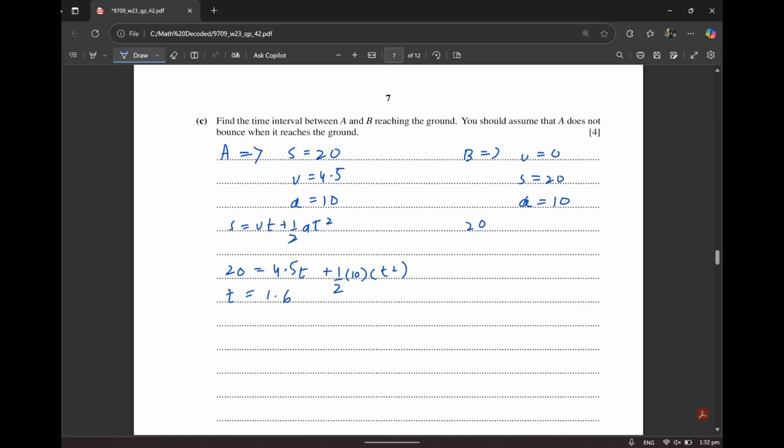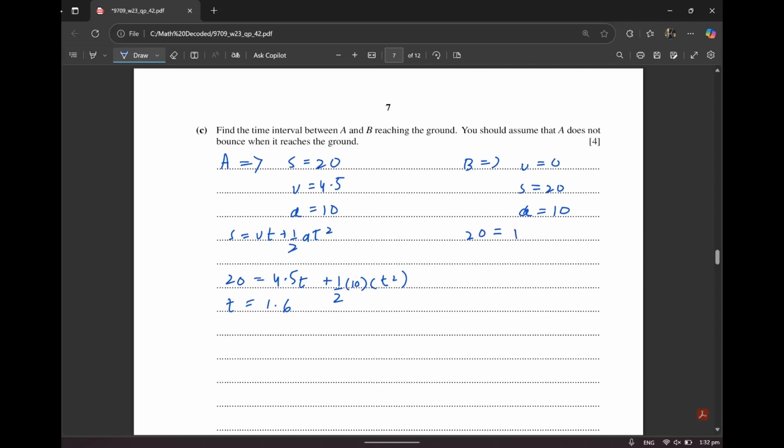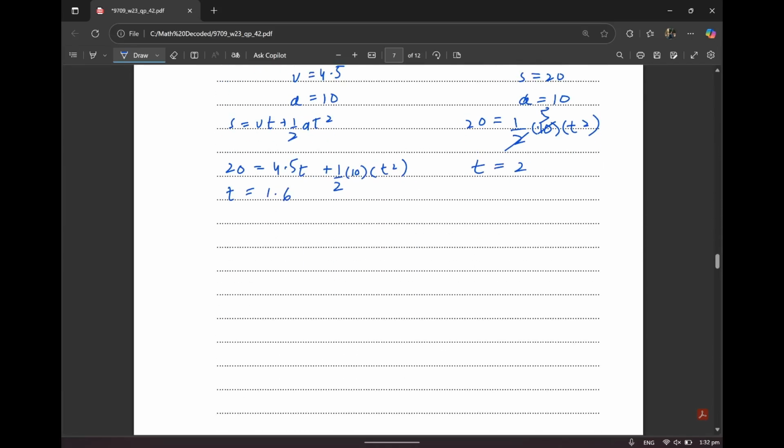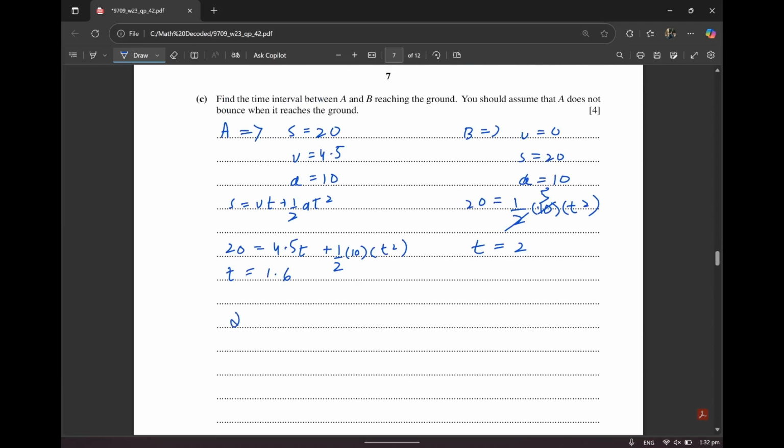So S equals ut becomes 0 because u is 0, plus half a t squared. This cancels out, it becomes t is equal to 2. Now you'll just subtract these two values, 2 minus 1.6, because we want the time interval. So that is going to leave you with 0.4 seconds.